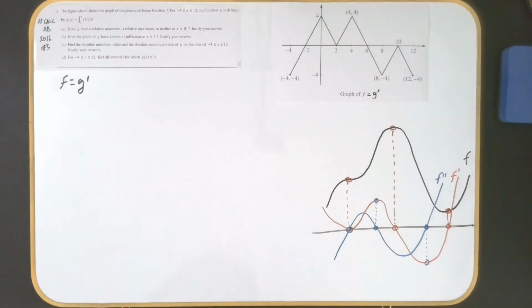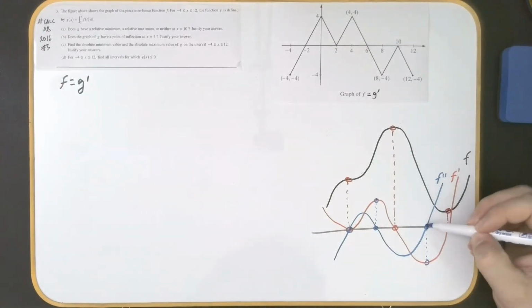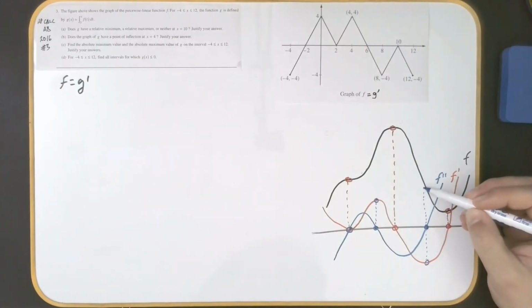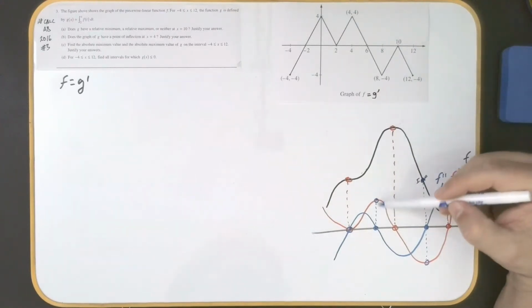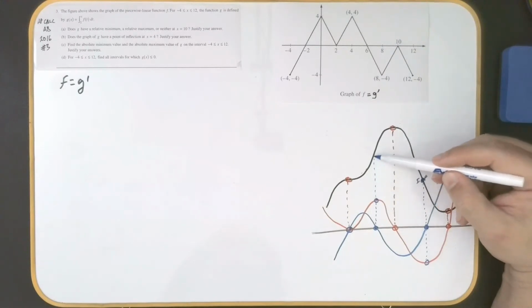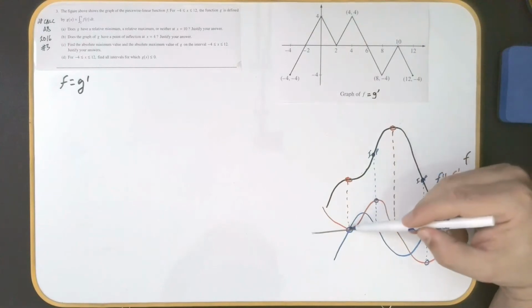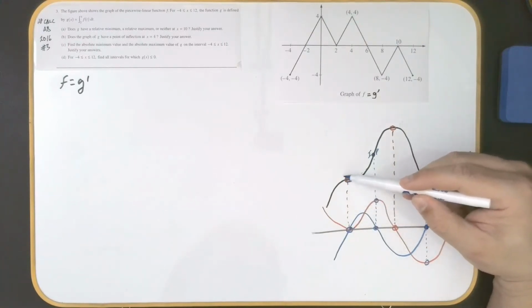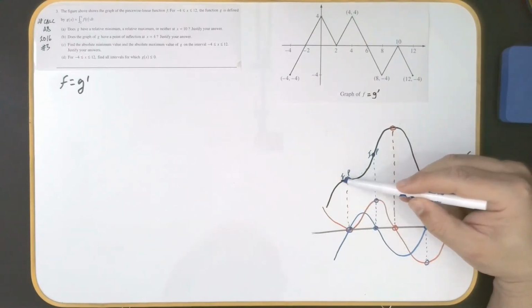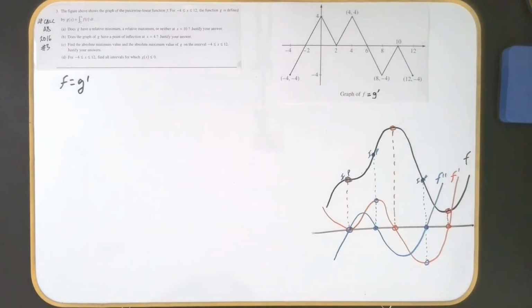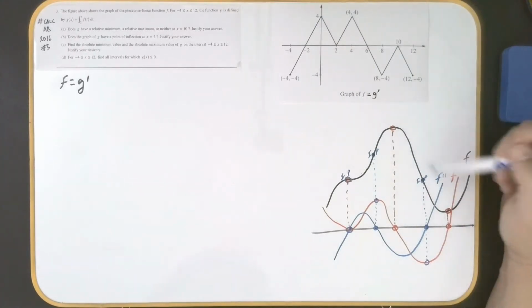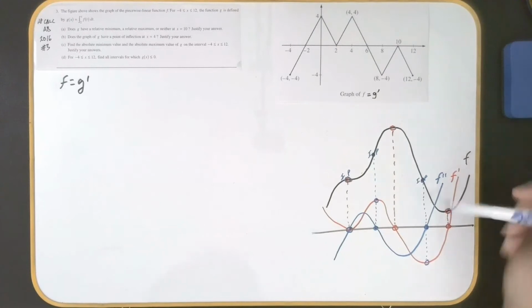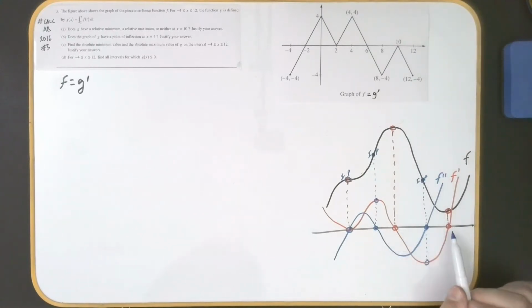And if you recall, when your second derivative is equal to 0, your second derivative is going to give you the inflection points on the original function. So there would be one, and here would be another, and here would be the last one. Okay? So one thing you want to notice here is that peaks and valleys of the original correspond to x-intercepts on my first derivative.